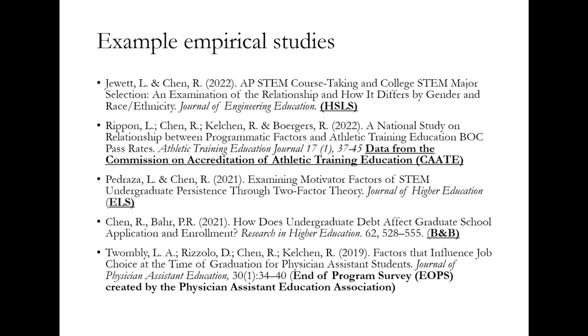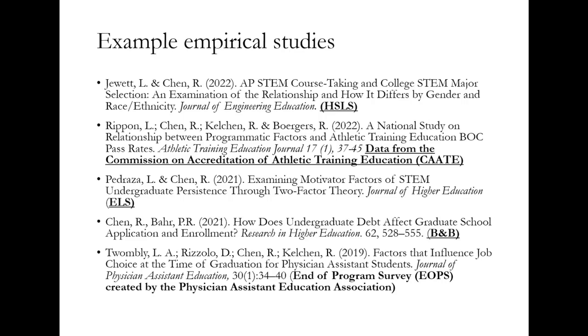There's also a study that used data from the Commission on Accreditation of Athletic Training Education. Another study used ELS data, the fourth one used B&B data, and the last one used the end of program survey created by the Physician Assistant Education Association.